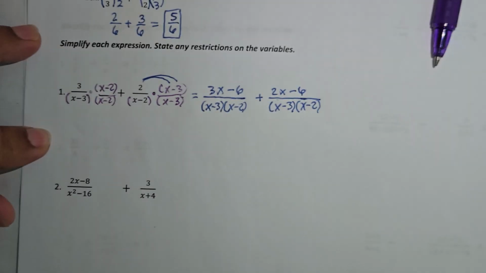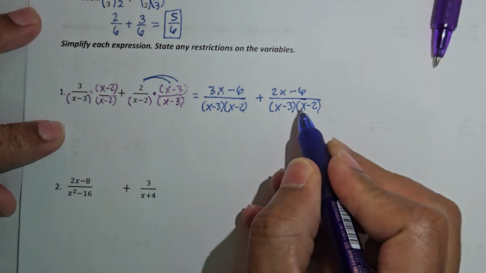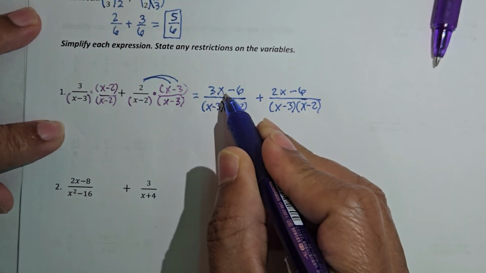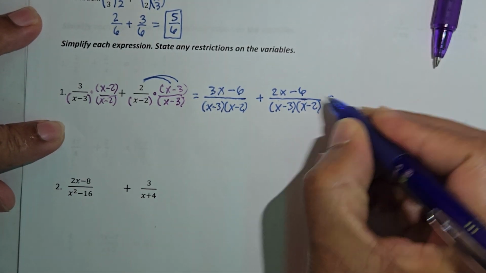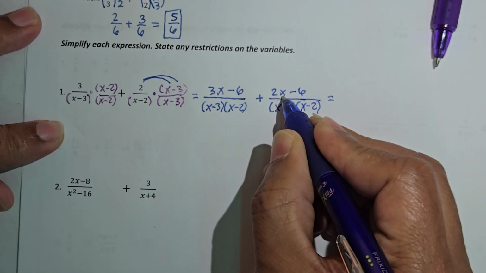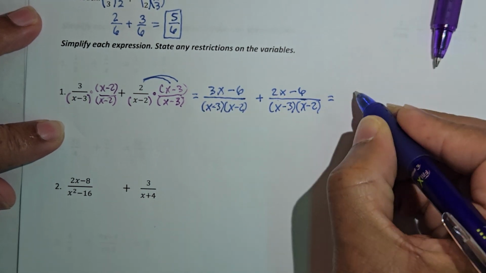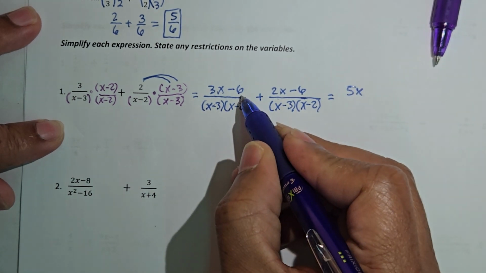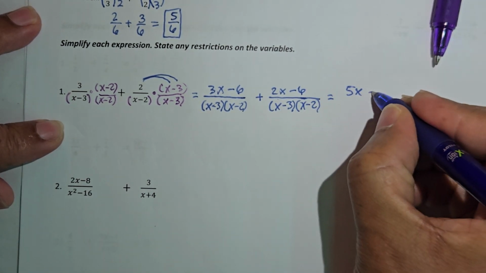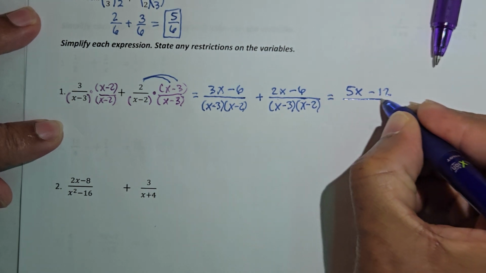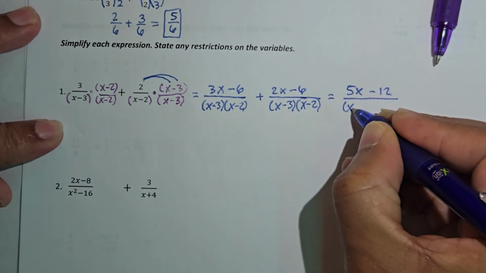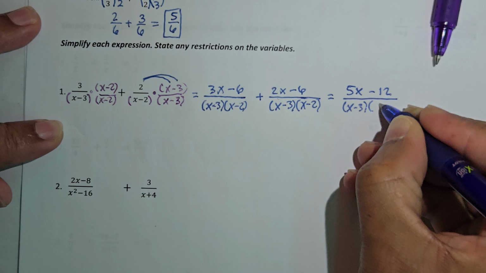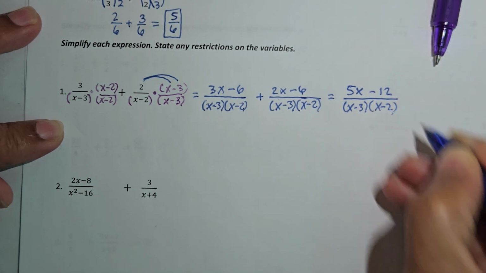Since we have the same denominator, we just combine like terms. So 3x plus 2x in the numerator gives 5x, and negative 6 and negative 6 combine to negative 12, all over x minus 3 times x minus 2.